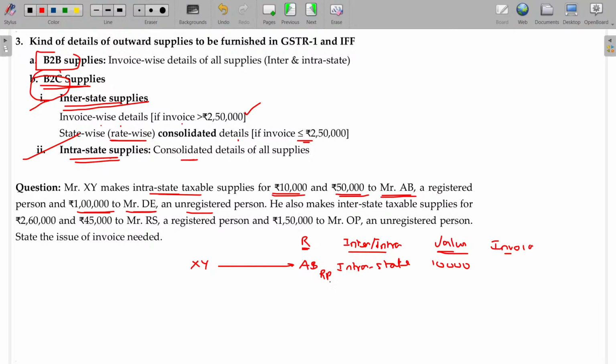If the recipient is a registered person, an invoice is always required, needed. 10,000 and another 50,000 to the same AB, also intrastate, value being 50,000, needed.